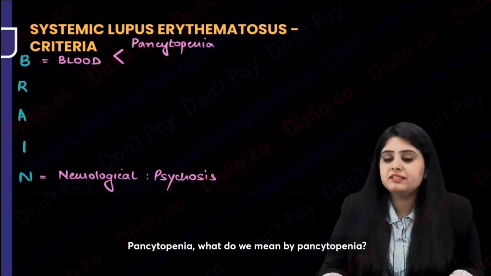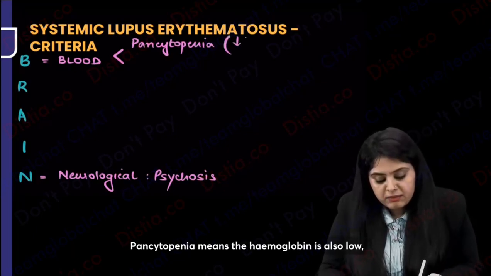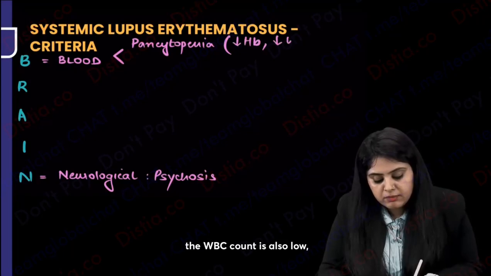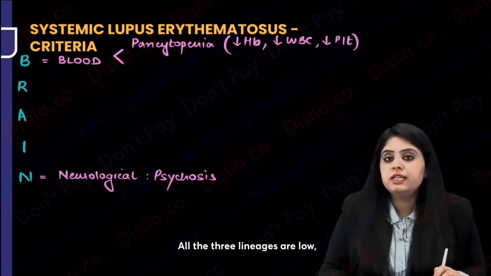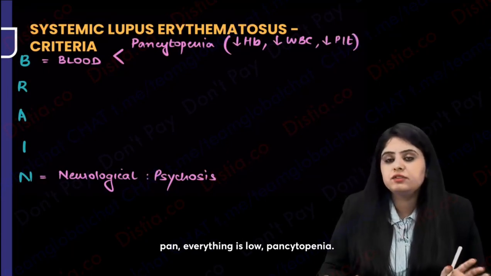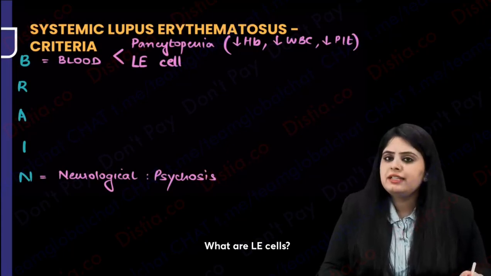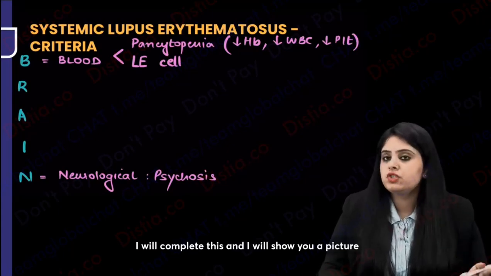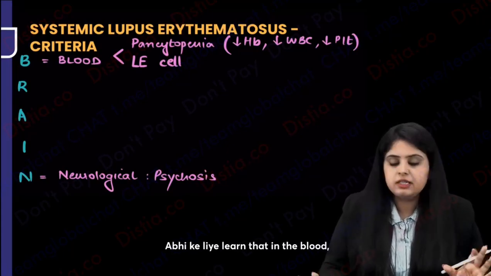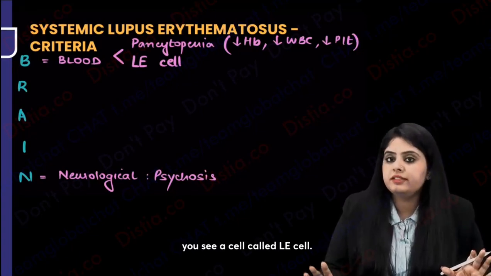What do we mean by pancytopenia? Pancytopenia means the hemoglobin is also low, the WBC count is also low, the platelet count is also low. All the 3 lineages are low. Everything is low, pancytopenia. And in the blood, we also see something called LE cells. What are LE cells? I will complete this and I'll show you a picture and explain the full pathogenesis. Abhi ke liye learn that in the blood you see a cell called LE cell.